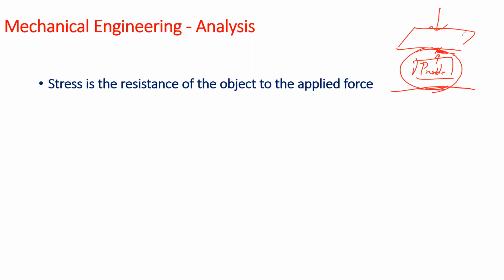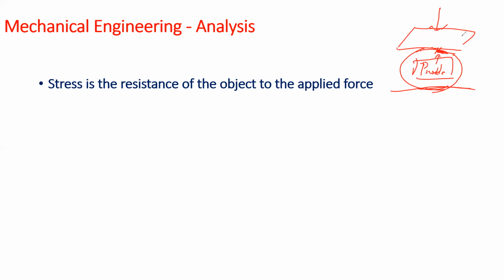So stress is not always force over area. It is the resistance of the object to the applied force. So this is one such example where you account for the pressure changes, and accordingly you identify the hoop stress, or if there is no symmetry, the remaining components of the stress.